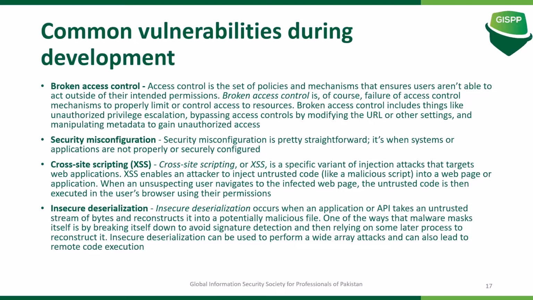So insecure deserialization can be used to perform a wide variety of attacks and can also lead to remote code execution. You break an application into small chunks so that antivirus or other detecting devices do not detect the signature and catch it. Then when it reaches the destination, it reconstructs itself and executes itself.